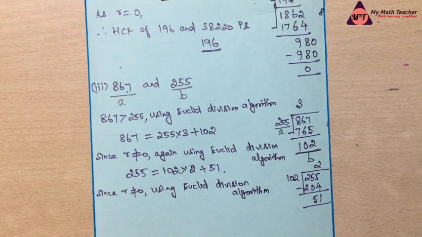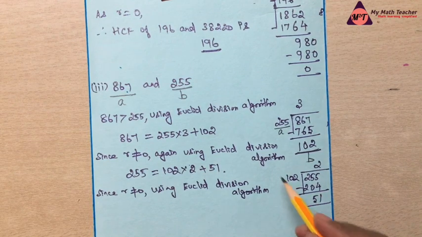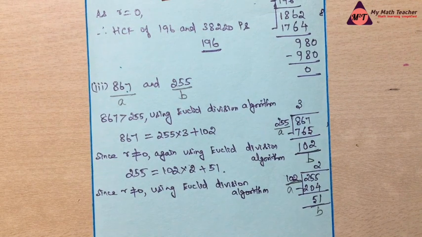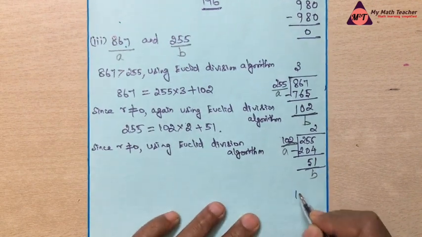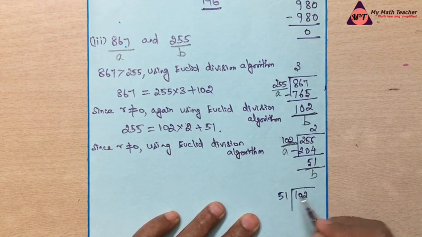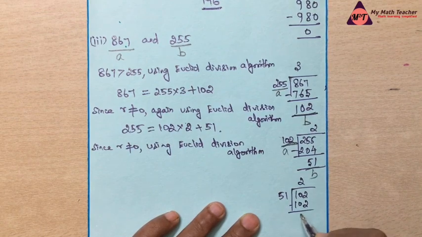Okay. We are going to perform the division again with these two numbers. Now this is A and this is B. So I think this will be the final step. 102 divided by 51. There will be 2 51s. So 2, yes.